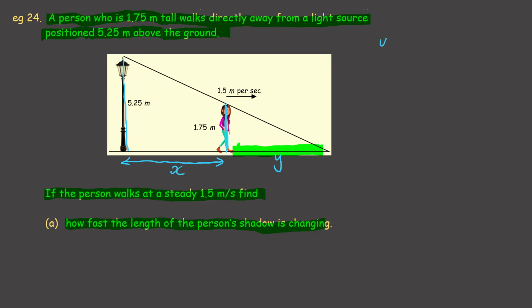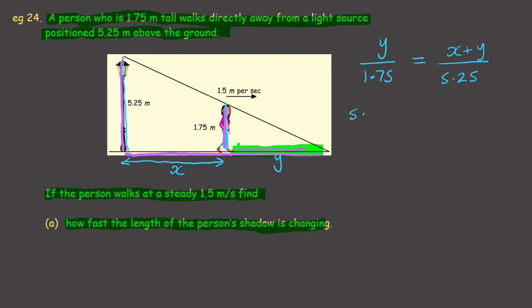If we take y divided by 1.75, that must be equal to x plus y divided by 5.25. So basically what we're doing there is this length divided by this length must be the same as the overall length there divided by this length.